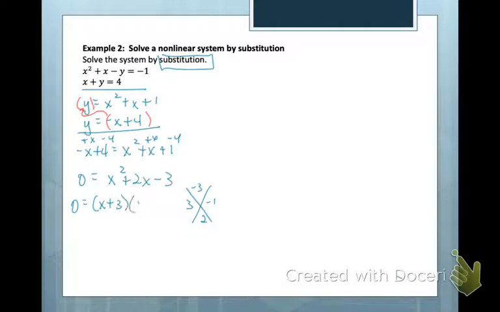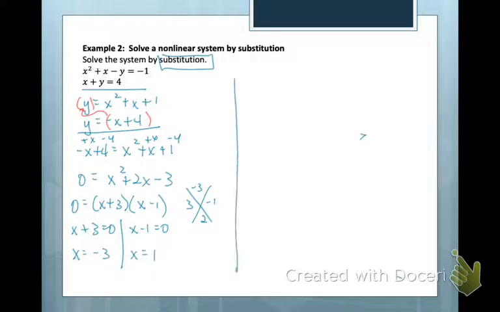So we have the expressions x plus 3 times x minus 1. Let's set those both equal to 0 and find the x values of our 2 points of intersection. So our x values are negative 3 and 1. Let's start by finding the y value that goes with negative 3. We can plug it into either one of the original equations, and I'm plugging it into the linear equation.